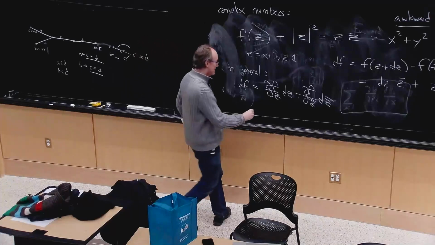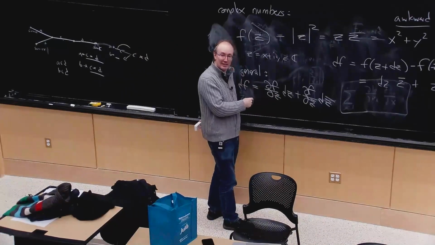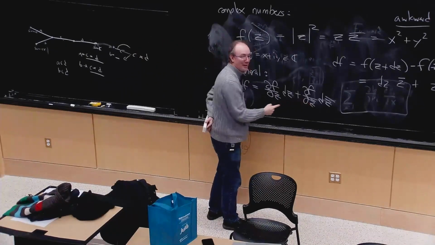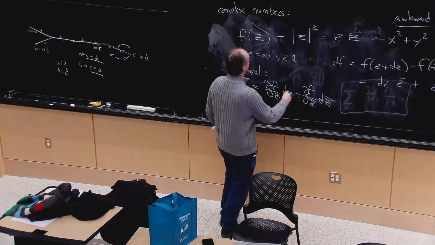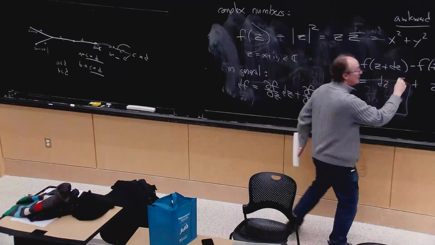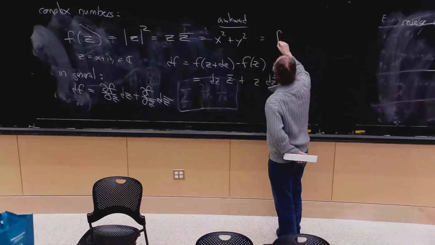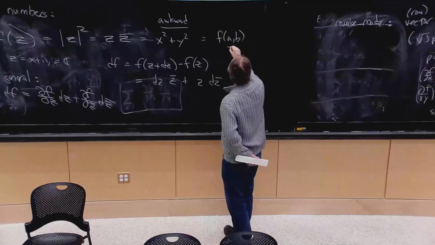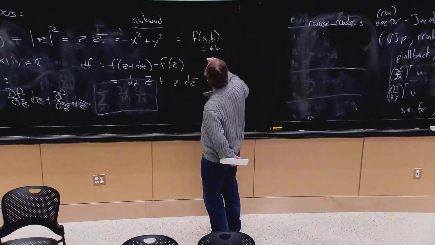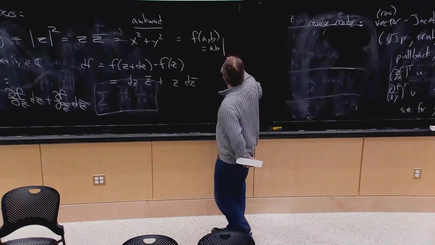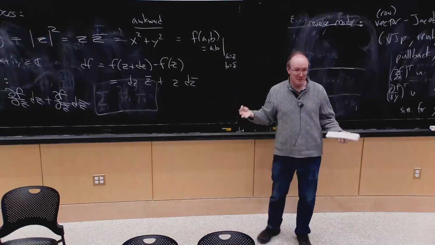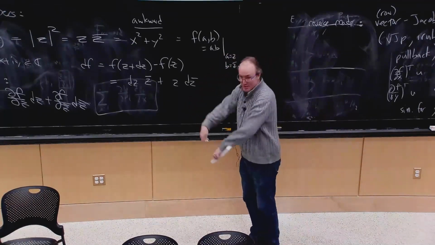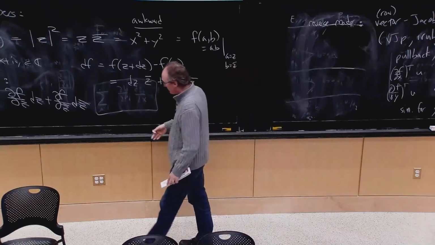The notation is a little confusing because it looks like you're treating z and z bar as independent variables, when of course they're not. You should really think of this as a function of two variables, like f of a, b equals a times b, where you just let a equal z and b equal z bar. You can think of it as a function of two variables, and at the end you plug in the complex conjugates.